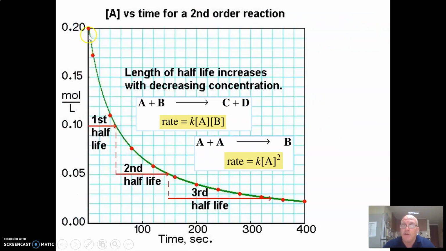Okay, and don't get tricked here, it looks a little bit similar to a first order curve, but the half-life is increasing. The second half-life is twice as long as the first, and the third half-life is twice as long as the second. Okay, and you can study the graph to make sure of that. And this is true for second order reactions. For example, these two are both second order.